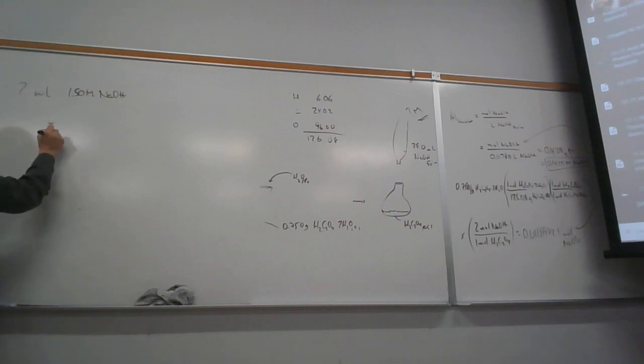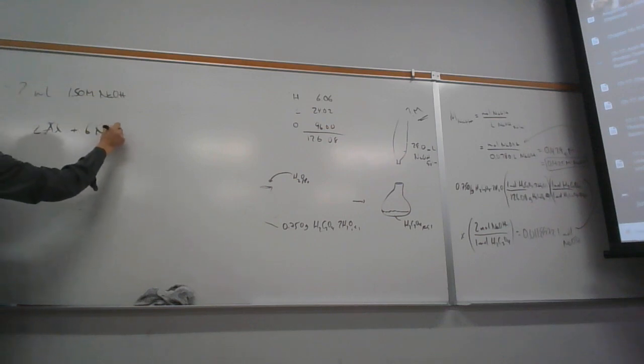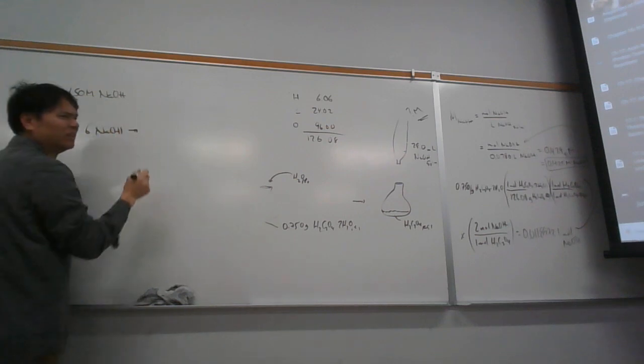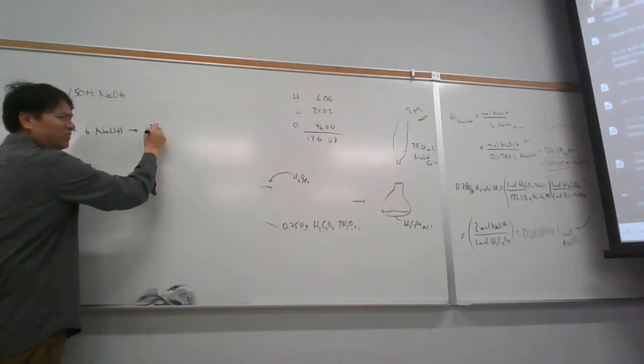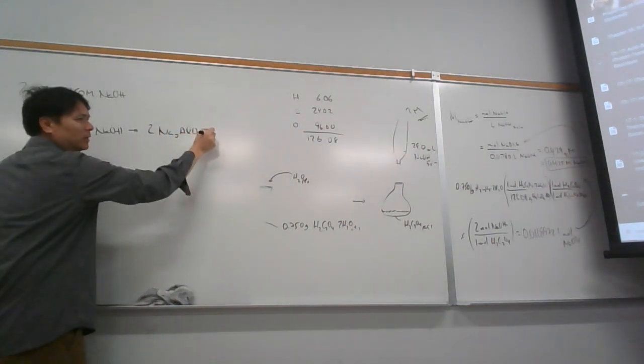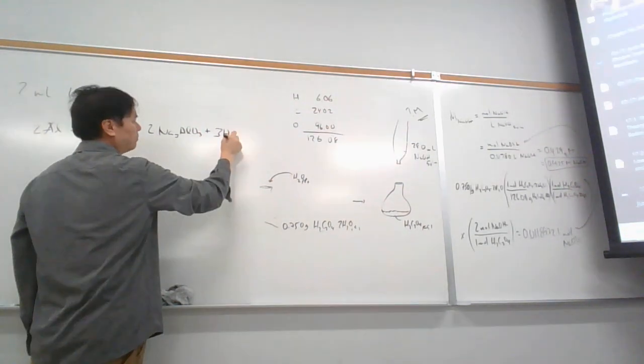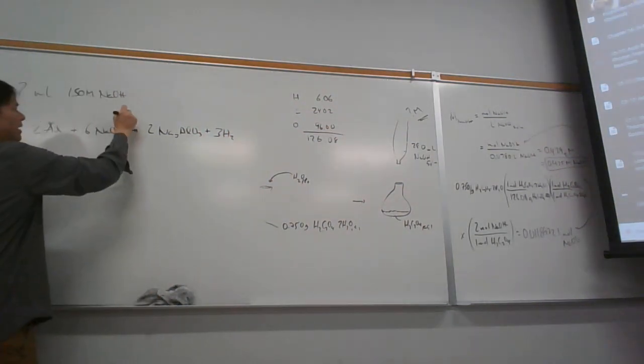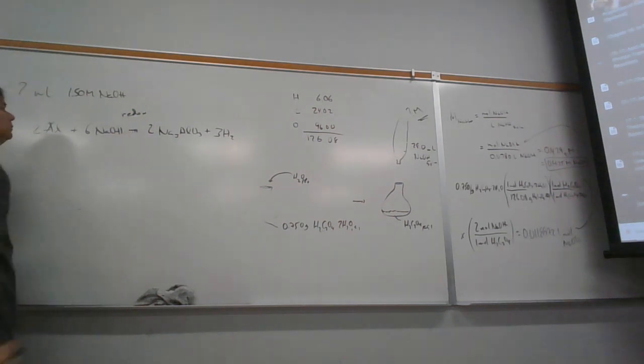This is 2 aluminum plus 6 sodium hydroxides. This is going to yield 2Na3AlO3 plus 3H2. This is a redox reaction. And so this is aluminum solid.